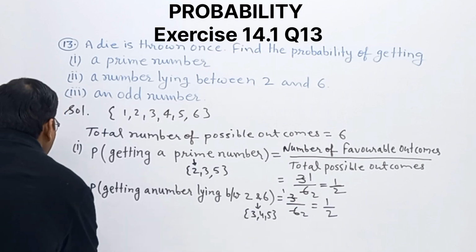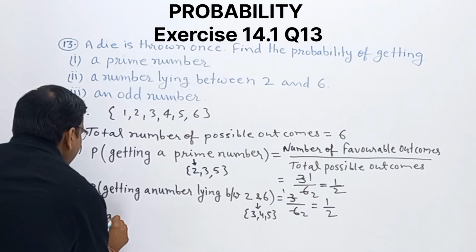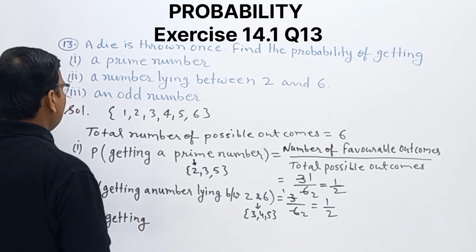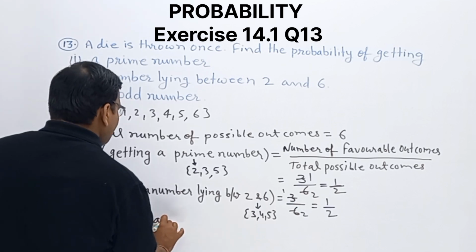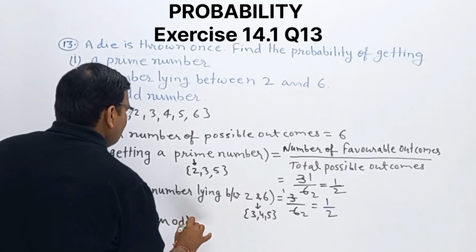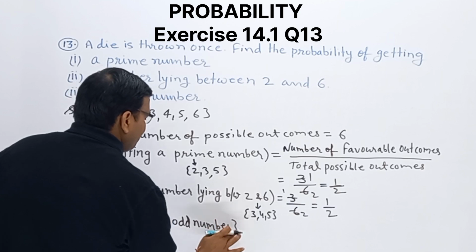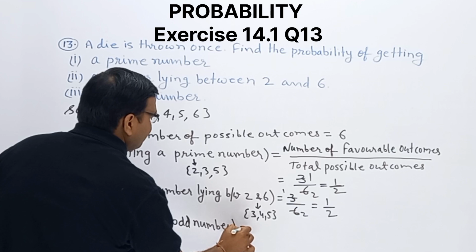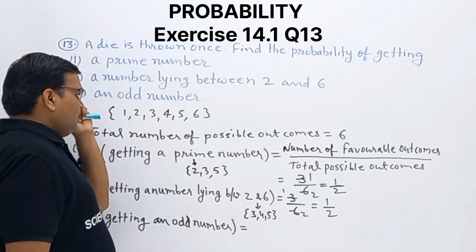Now the last one, the third one: probability of getting an odd number. In a die, we have 6 numbers.